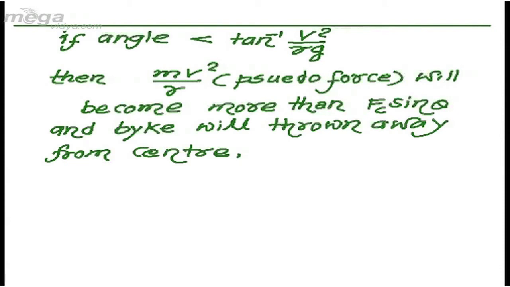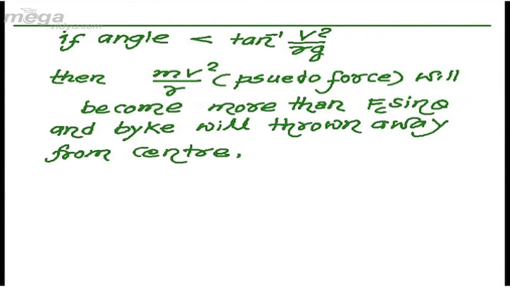So students, I think you may have got the basic theme of this event, that why we lean while moving on a circular track of small radius r.